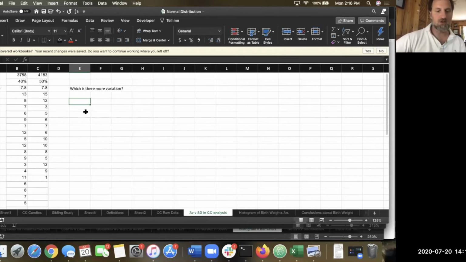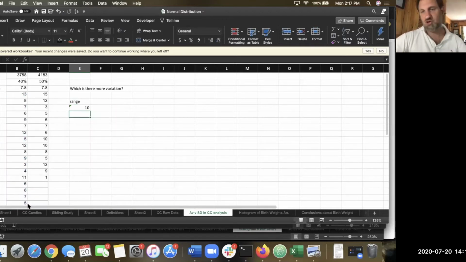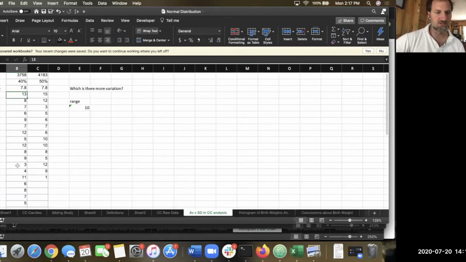If I think about range, remember range is max minus min, so equals max, I have Excel do it for me, minus min. Excel's pulling out the biggest number and subtracting out the smallest number. The biggest number was 13 and the smallest number was 3, so the range was 10.